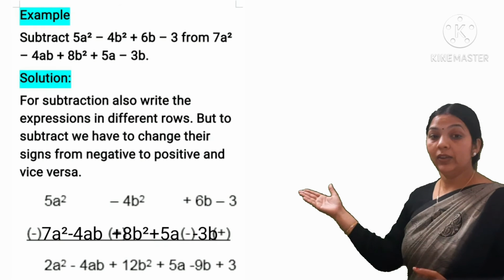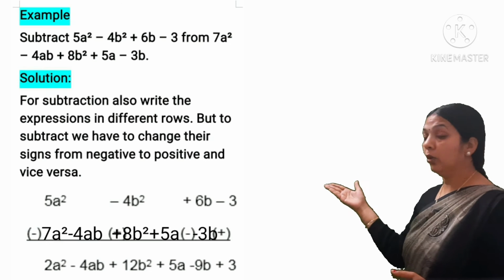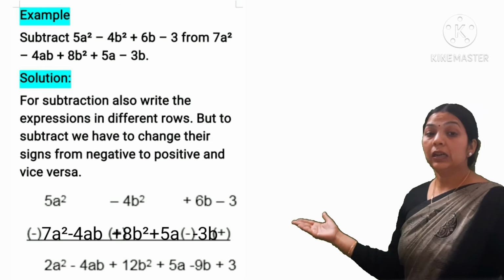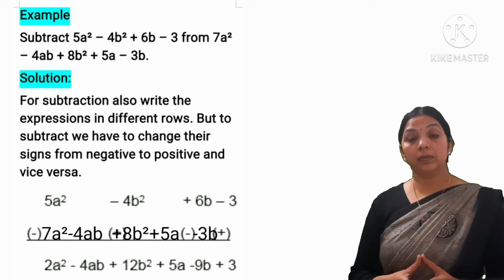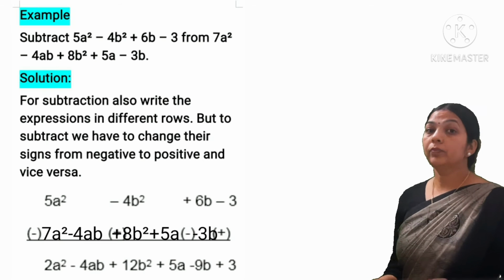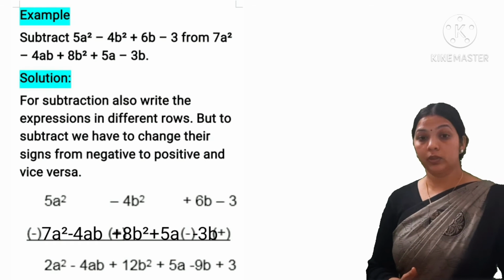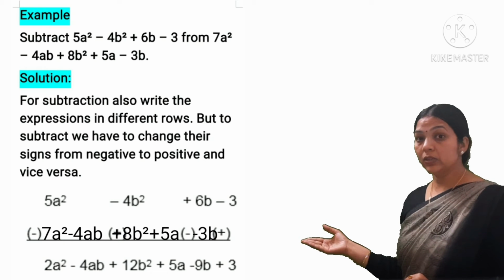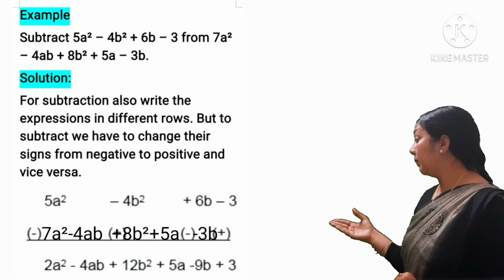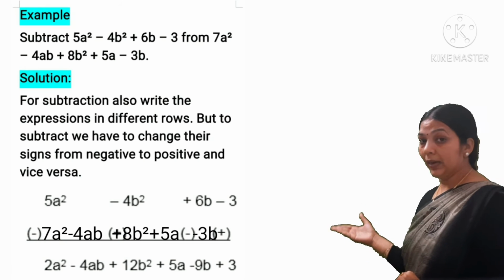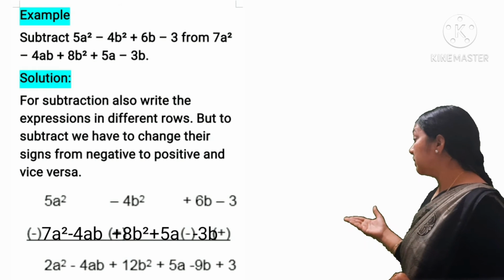like this: 5a square minus 4b square plus 6b minus 3, and we have to subtract. Now for subtraction we must remember that when we subtract the terms, all their signs will become opposite. So plus 7a square will become minus 7a square, and minus 4ab becomes plus 4ab, minus 8b square, minus 5a and plus 3b.